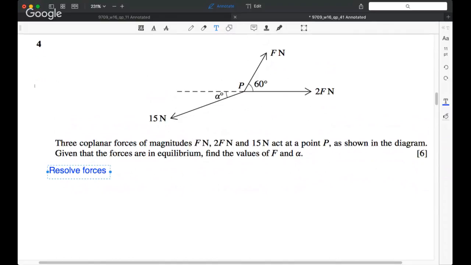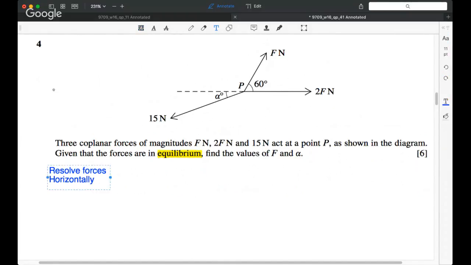And normally we resolve forces in 2 different directions. Why do we know that we need to resolve forces? That's because in the diagram, the forces are in equilibrium. So we know that the total force pulling to the left will be equal to the total force pulling to the right.